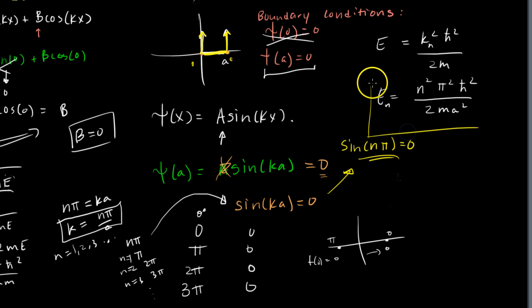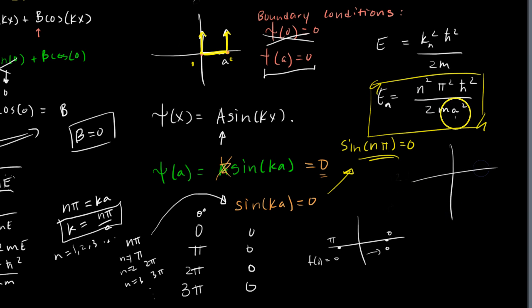Now this is very important. What this is saying is that energy is quantized. In classical mechanics, you could pick any energy. It doesn't matter what the energy is. But look here: energy is quantized based on this n. So we can't just have a regular energy.